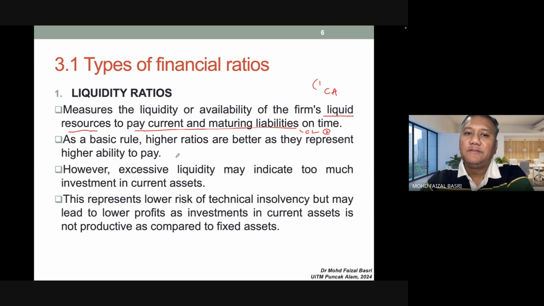As a basic rule of thumb, the liquidity ratios are considered good or best if they are higher. The higher the ratio, the better for the company, as it represents a higher ability to make payments. If the ratio is too low, it shows that they might have problems paying their short-term obligations. The easiest example: you have a debt, say your current liabilities are RM100.